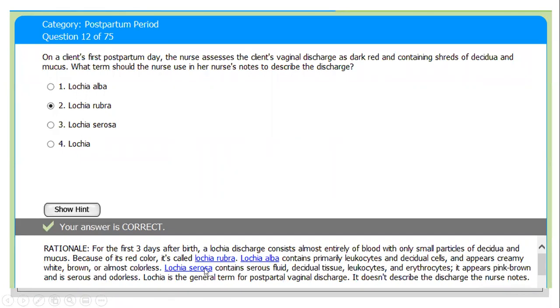Lochia serosa contains serous fluid, also decidual tissues, leukocytes, and erythrocytes. It appears pink brown and is serous and odorless. Lochia is the general term for postpartum vaginal discharge. It does not describe the discharge in the nurse note.